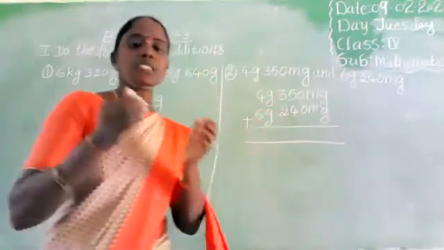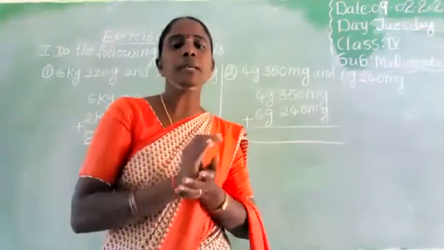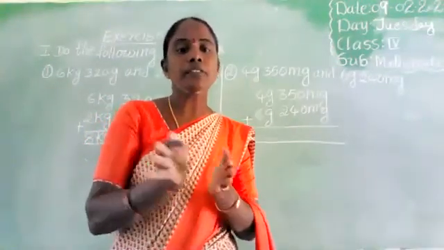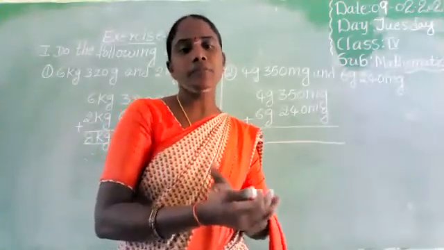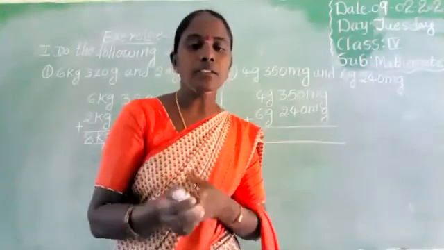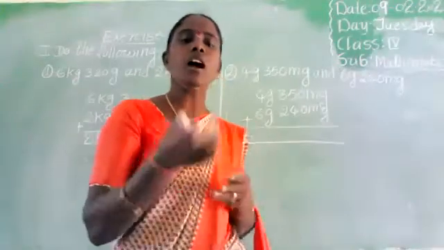Add the numbers. First add the milligrams. 350 plus 240. What is the sum of 350 and 240? 590. And grams, 4 plus 6, 10. Very good. 10 grams 590 milligrams is the answer.